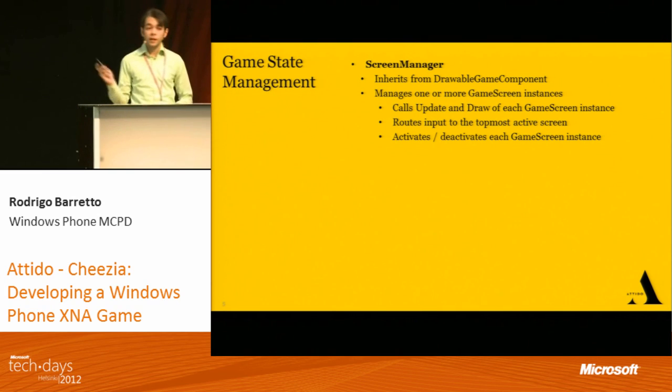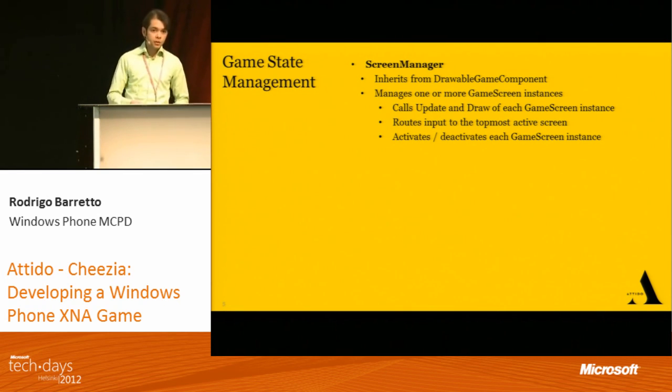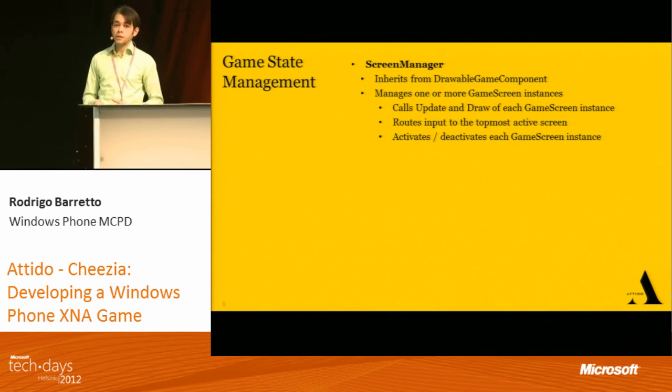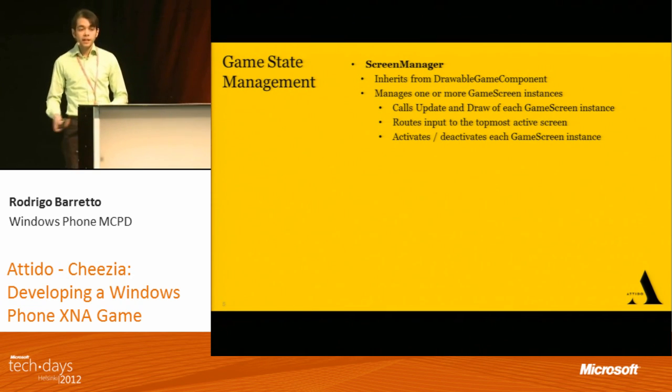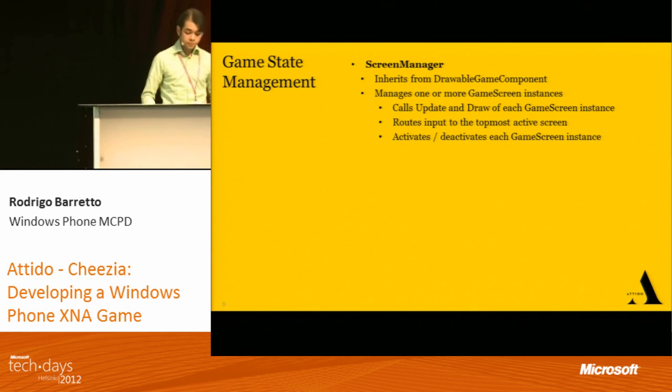These classes are provided by Microsoft through AppHub, and you can also find them in the Cheezia code. It's comprised of a few classes that are basically helper classes for you. The first one is the screen manager, which inherits from DrawableGameComponent. Because of that, it knows when it's going to be updated and drawn.